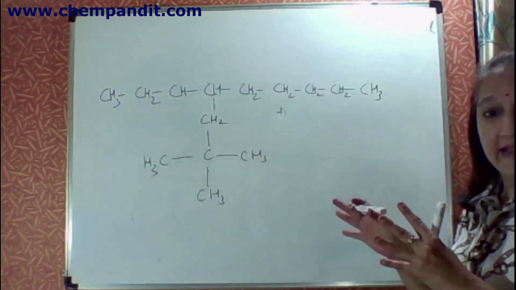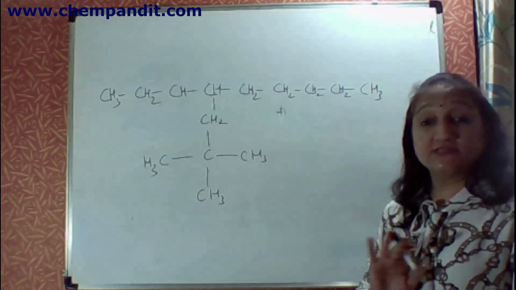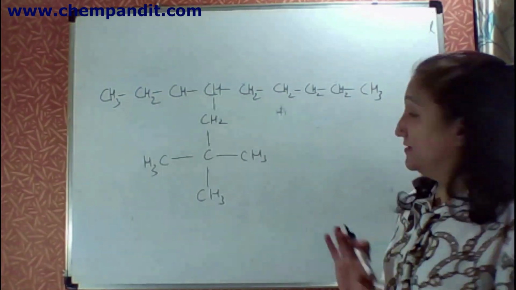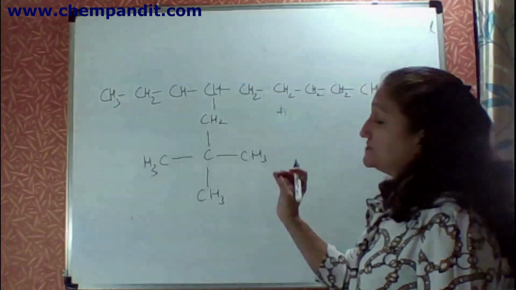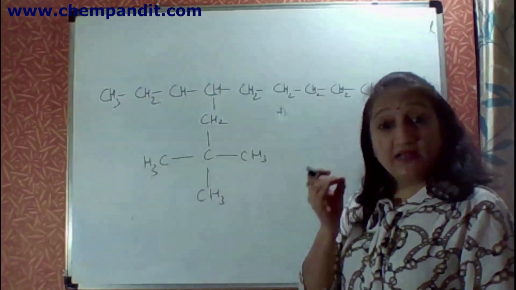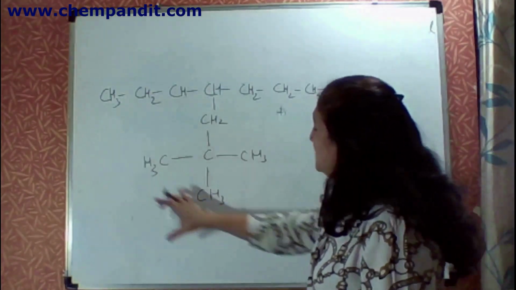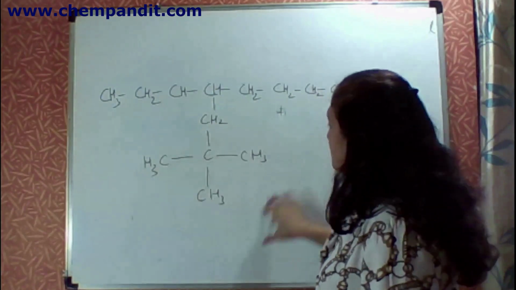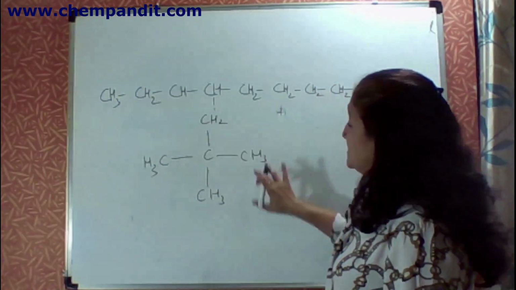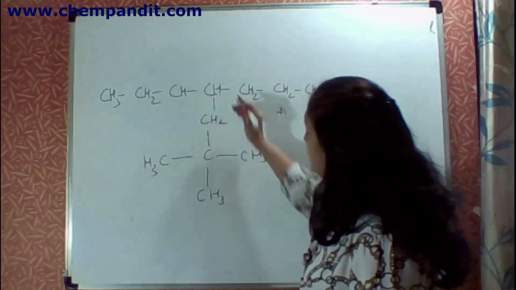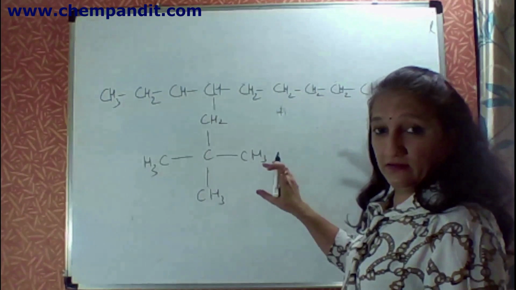Just by looking at it, don't get scared, oh my god, this is so difficult. No, it is not at all difficult. This is an example of branched substituted groups, right? This substituent, this whole molecule is a substituent. It is a branched substituent. So we will name this separately, right?